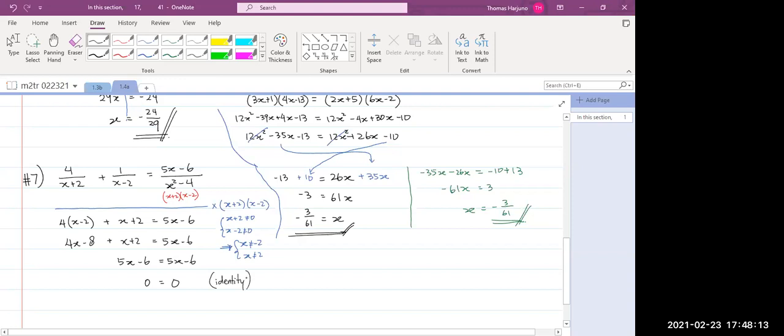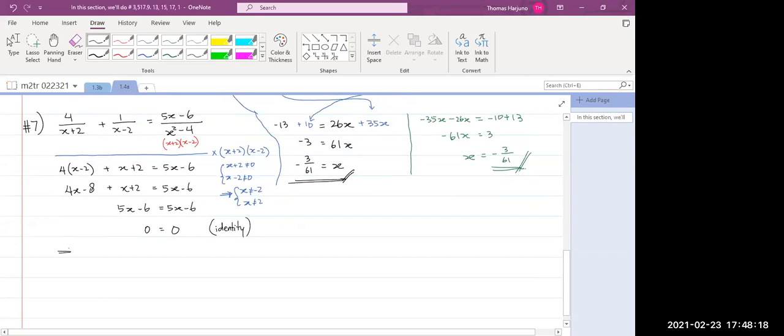Now, if an equation is an identity, then the solution is all real numbers, supposedly. The solution is all real numbers. Now, of course, we need to avoid the numbers that make the denominator become 0. Okay, all real numbers except 2 and -2.